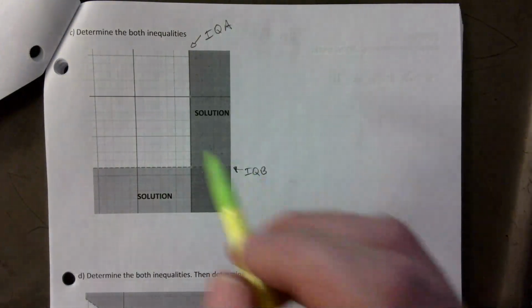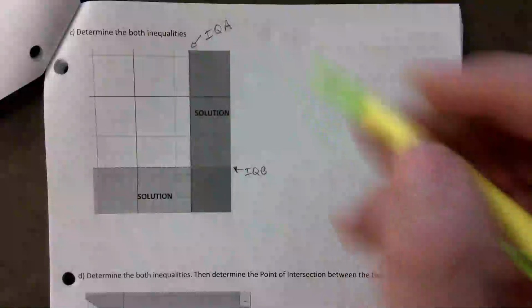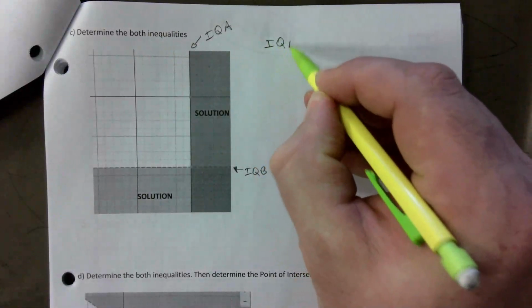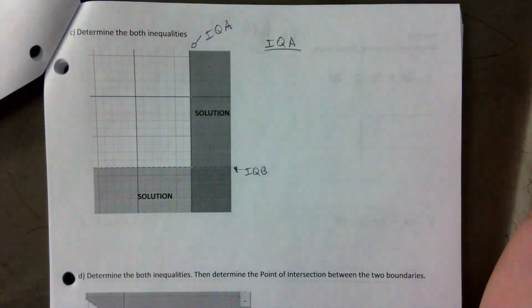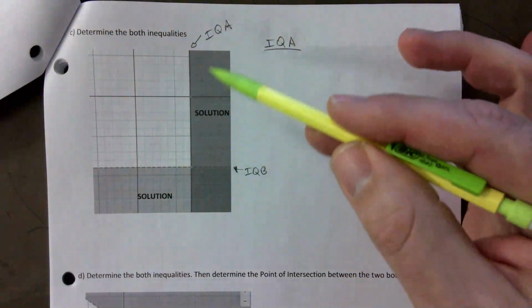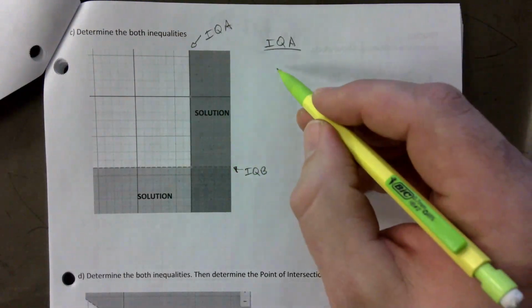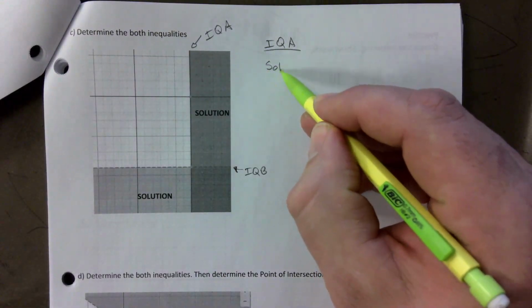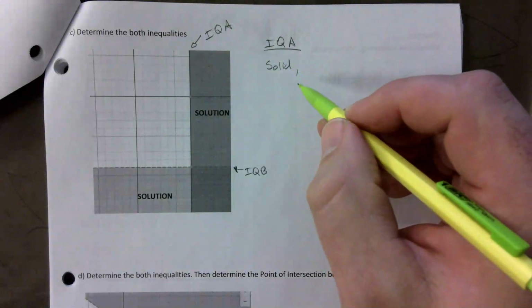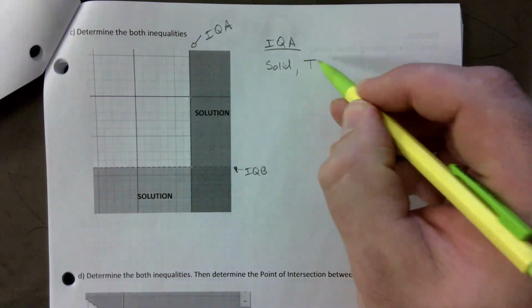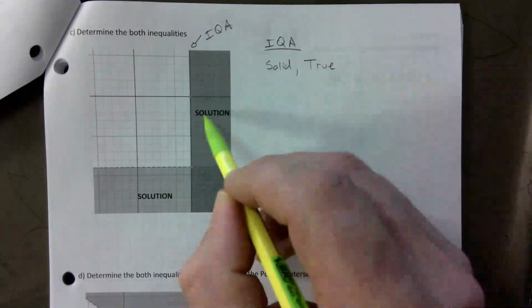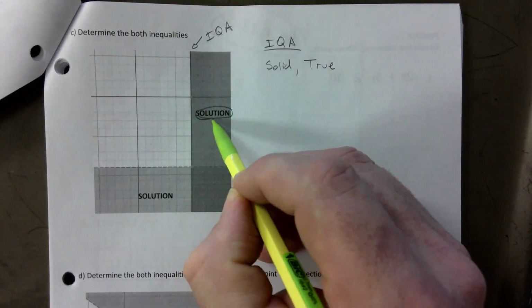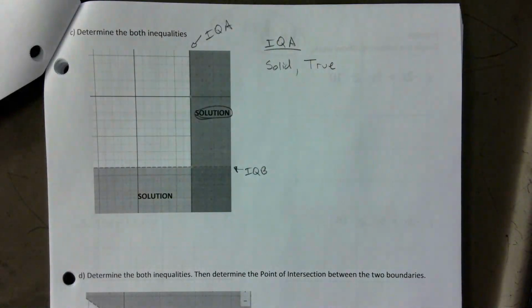If we tackle inequality A first, you realize it's a special case, correct? Well, let's figure out first, it's a solid line, and where's the true region here? Where the solution is. Don't worry about the shading.